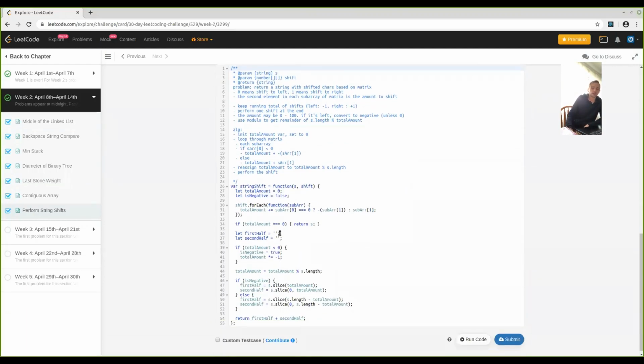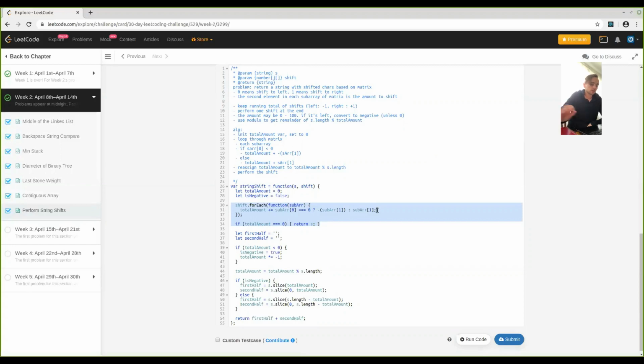So I wanted to go through and add up all of the amounts first, and then perform one shift at the end, and do this in linear time. I thought that performing one shift would be a lot simpler, and it is, but the next part was what I had trouble with.